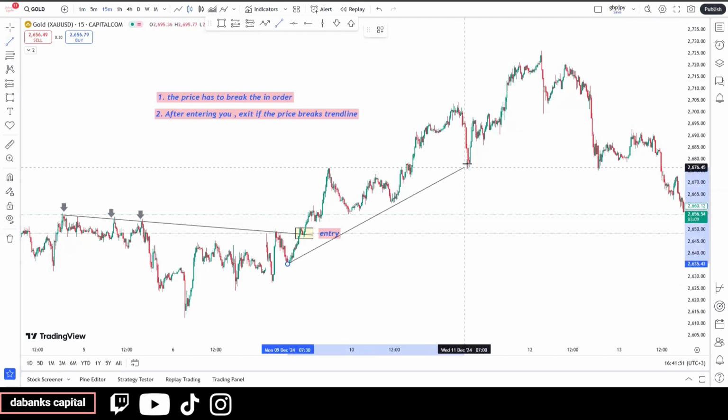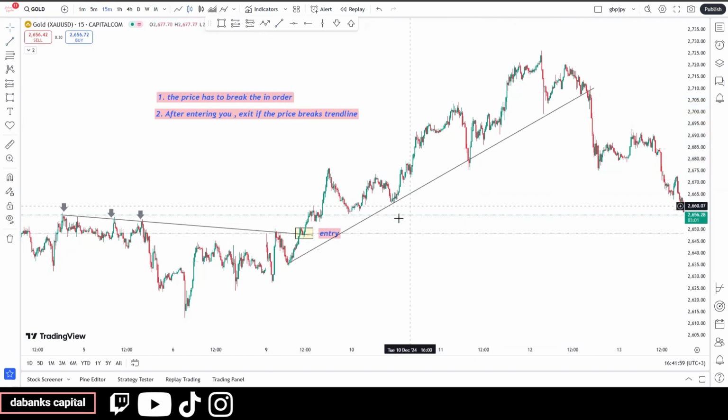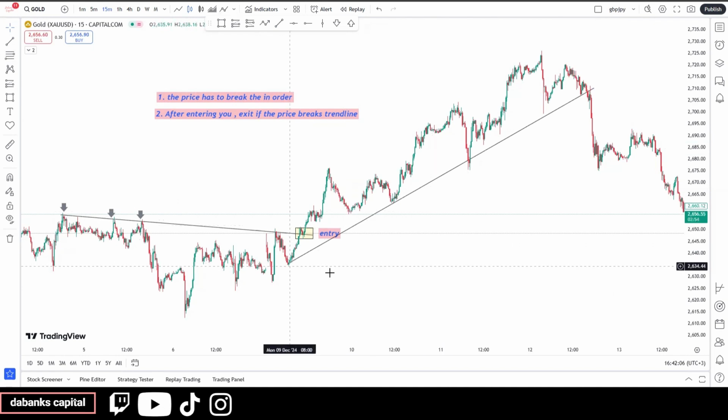Now, when drawing this trend line, you'll not easily find the points unless you draw 2 points. For a trend line to be valid, the price must touch the trend line almost twice. So for example, the price touched it here. Okay, let me see.